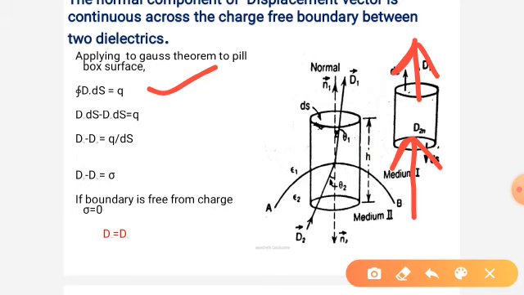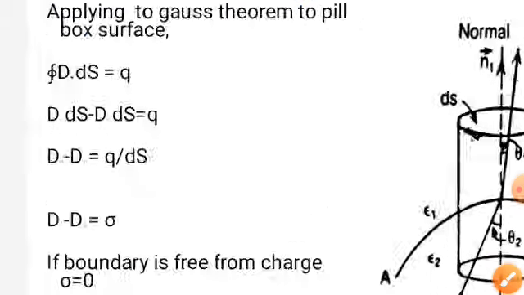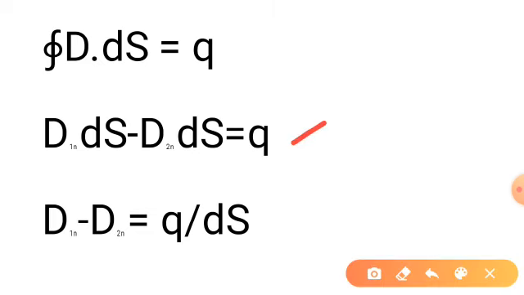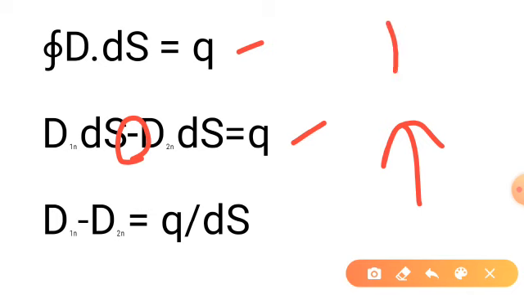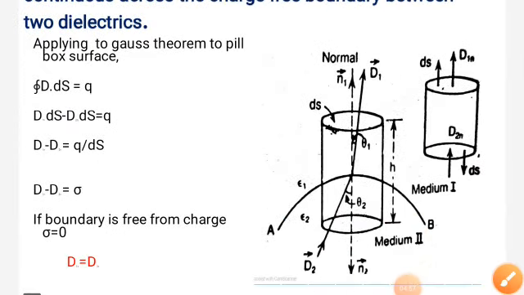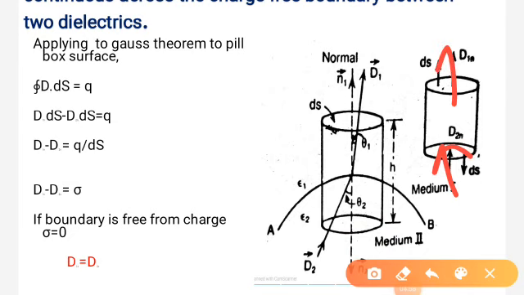So it becomes d1n ds minus d2n ds is equal to q. Why? Because here minus indicates both are in opposite direction. One vector is inward and one vector is outward.